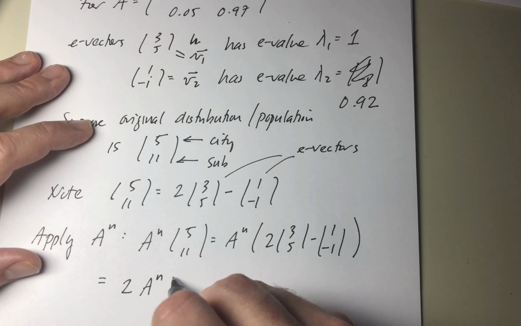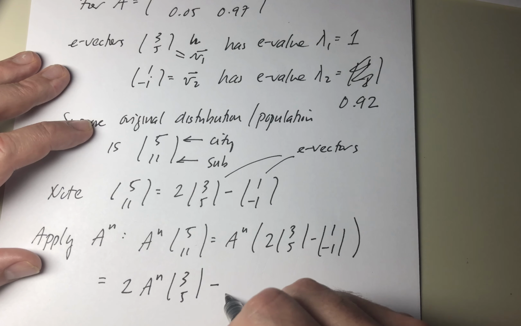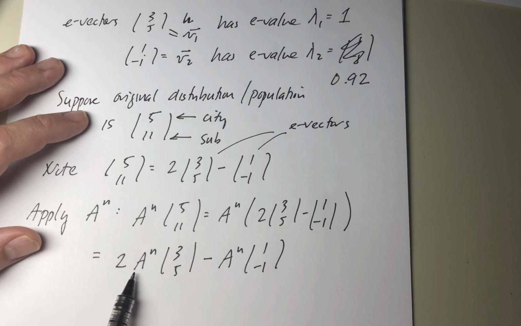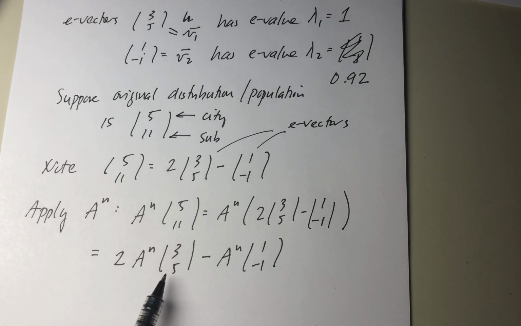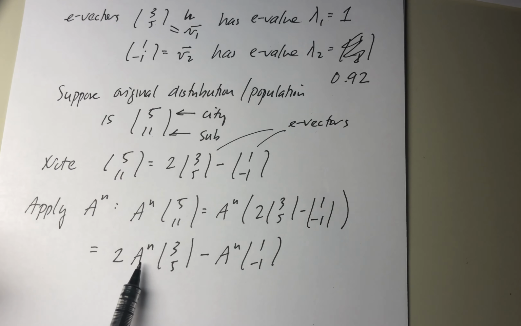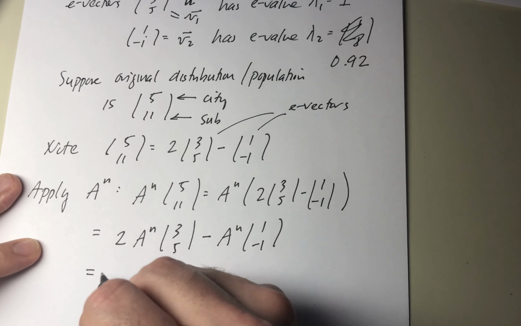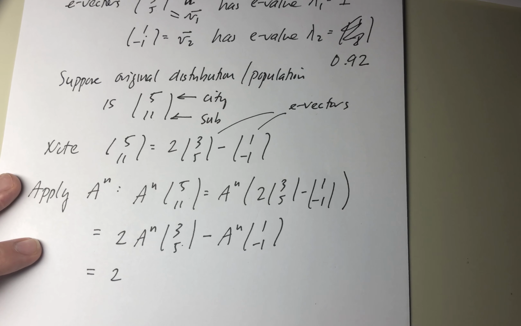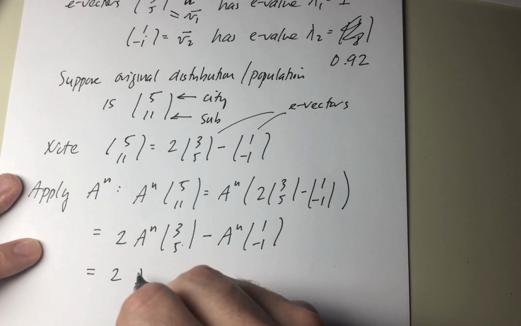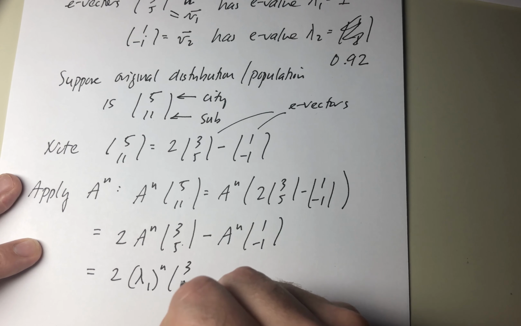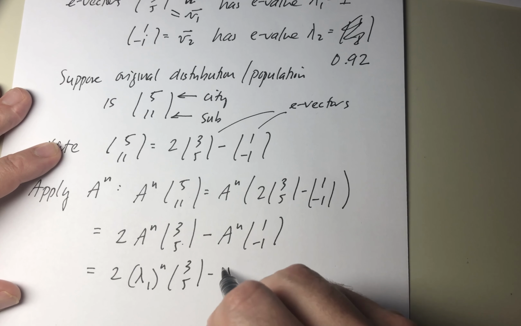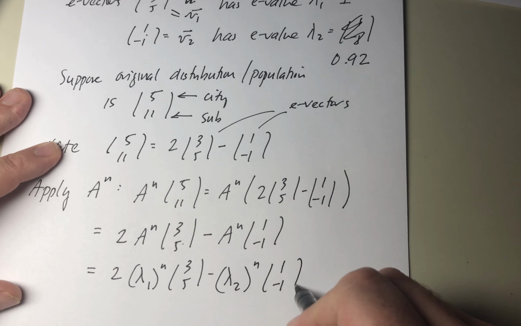So this is 2 times A to the n (3, 5), minus A to the n (1, -1). But here's the magic. What is A to the n times (3, 5)? If I knew nothing else, I would have to take A times A times A, n times. But since (3, 5) is an eigenvector, this is just going to be the eigenvalue lambda 1 to the n times (3, 5), minus, same deal here, (1, -1) has eigenvalue lambda 2, so this is lambda 2 to the n times (1, -1).